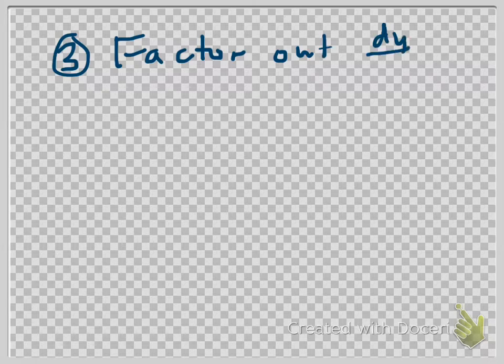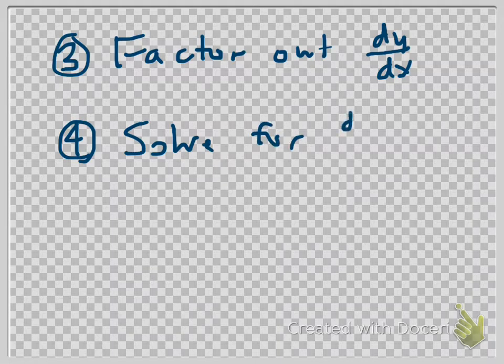Once you've collected all your dy dx terms on one side, your next step is to factor out dy dx. And then the final step in the process is solve for dy dx. And if you didn't need examples, we'd be finished. That's pretty much the entire lesson.